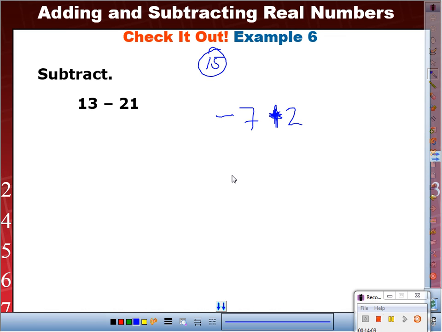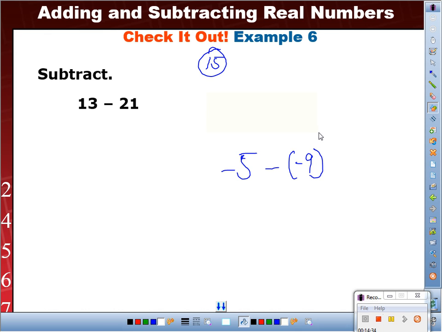So, let's see, who has an example of a subtraction? Let's see, Jorge. -5 minus -9. Okay. So we'll put this one aside. So yes, and what method did you say? Because it says not to use a number line or counter, so which other method do you know?